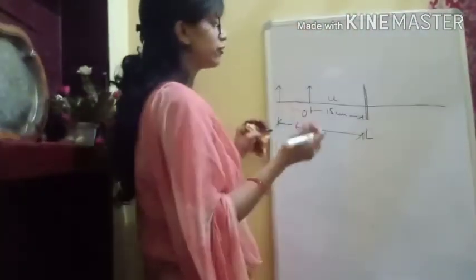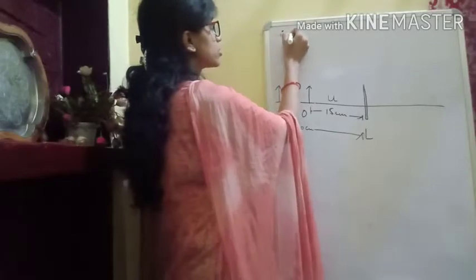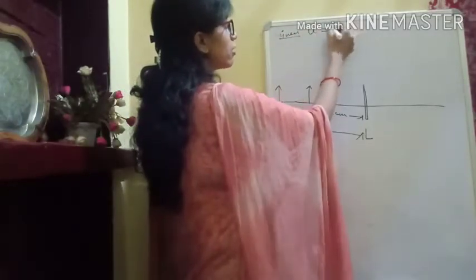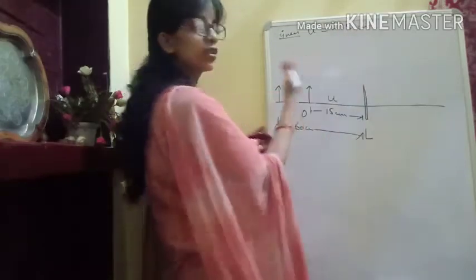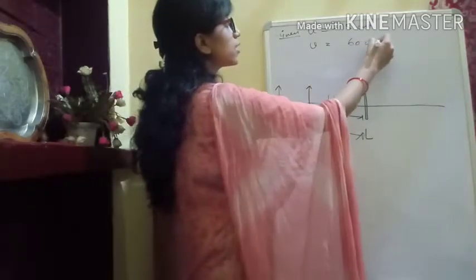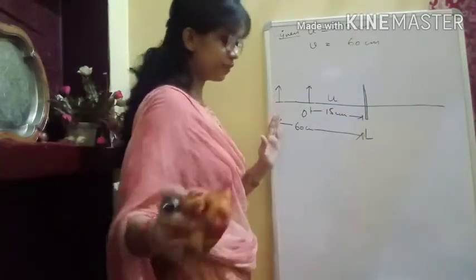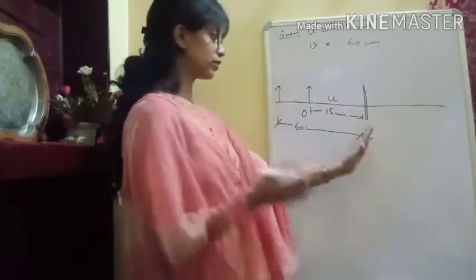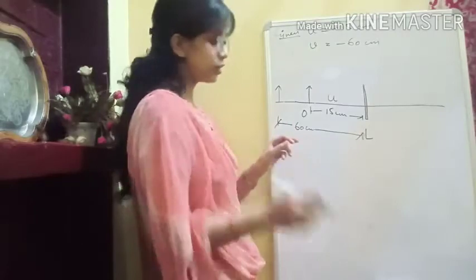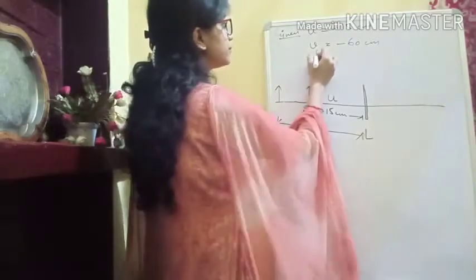So let us write the given information. u will be 15, of course with minus sign as it is on the left hand side. Also the position of the image is given at 60 centimeter, and this time the image is formed in front of the lens, that means left hand side, so it will also be taken with negative sign. You have to calculate f.